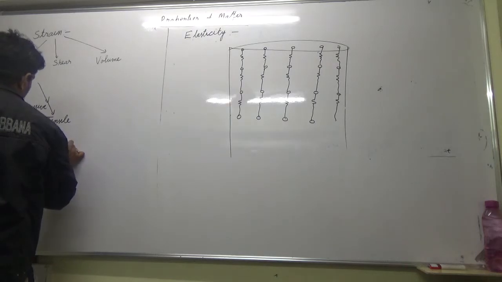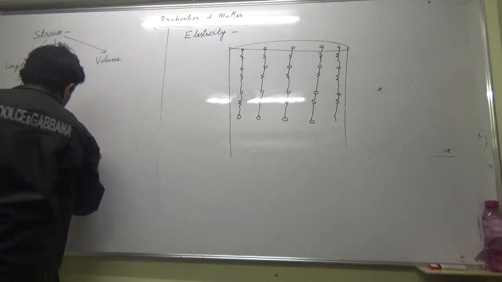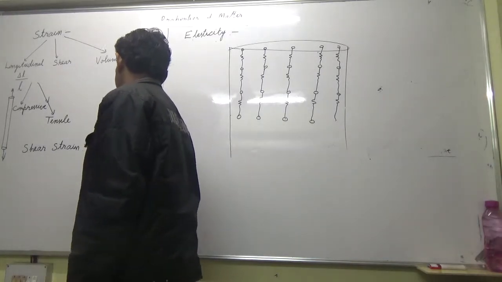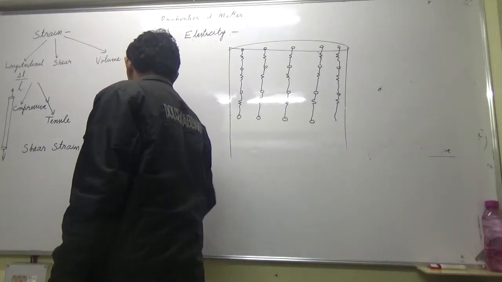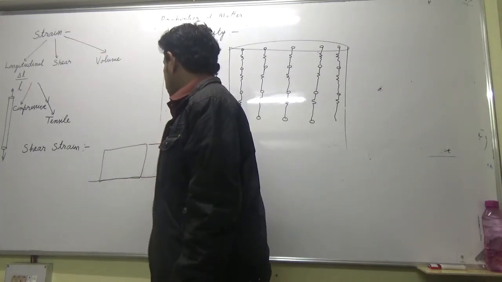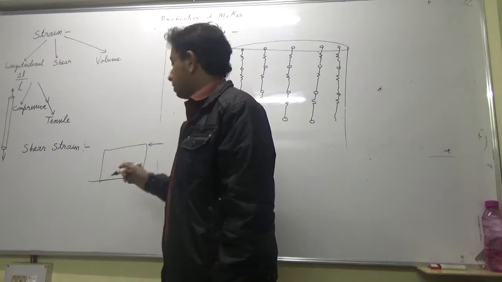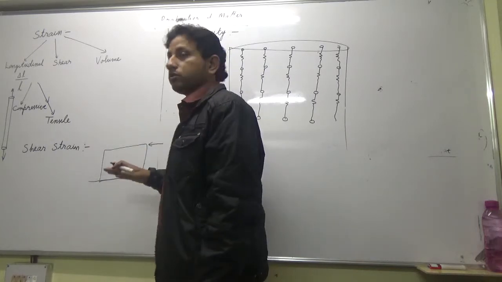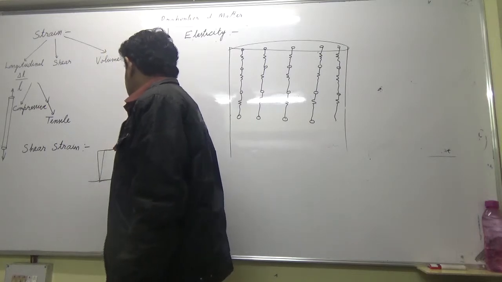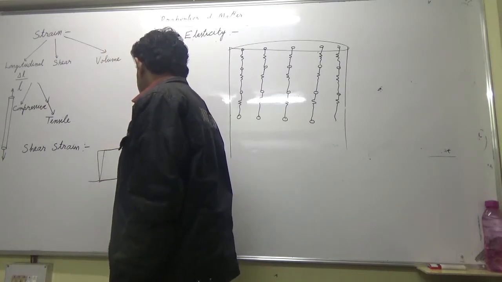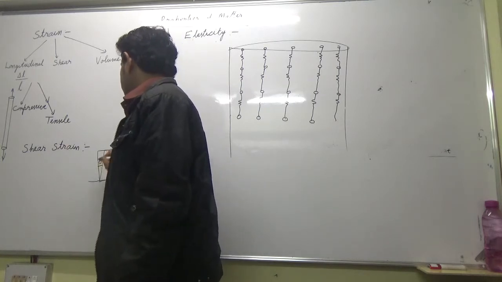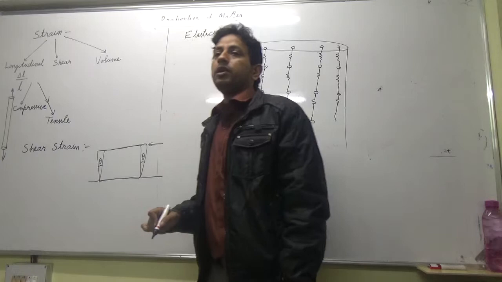So what is this shear strain? If we have an object like this, lower part is fixed on the ground. If we apply a force in this direction, what will happen? This object will tilt by some amount. ये होगा.